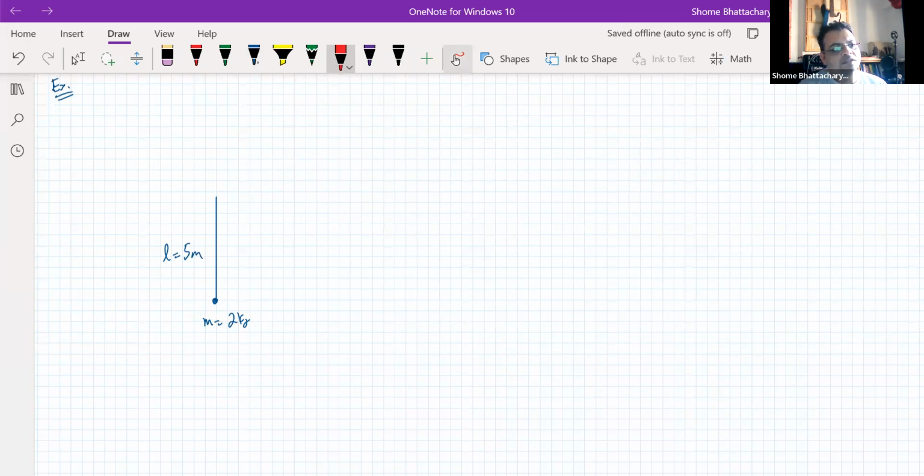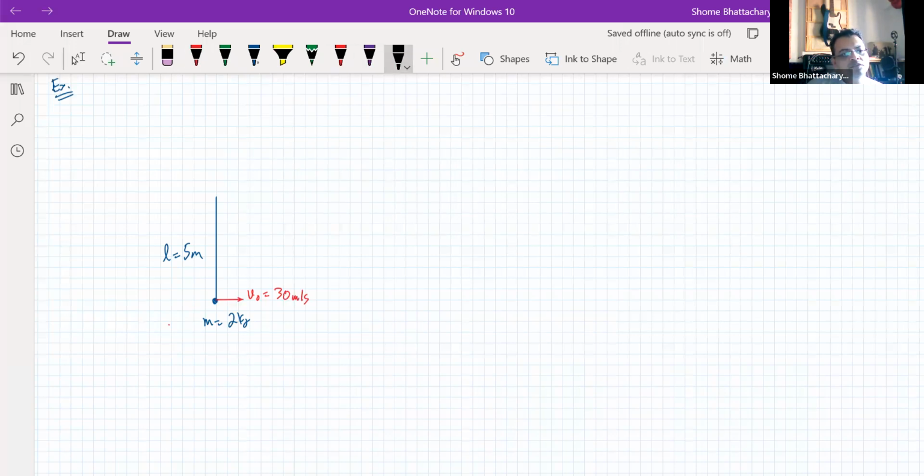Now this is given an initial velocity at the bottommost position of, let us say, 30 meters per second.